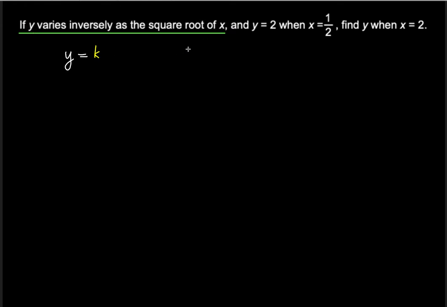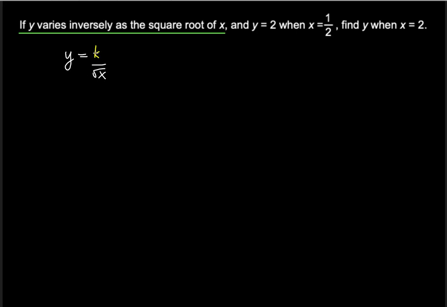So in order to behave in an opposite way, you have to not multiply by the square root of x, because this means that both will increase at the same time. Rather, you want to divide by the square root of x. When you divide, notice that when you increase x, the fraction decreases, because k is a constant number that we're going to find.